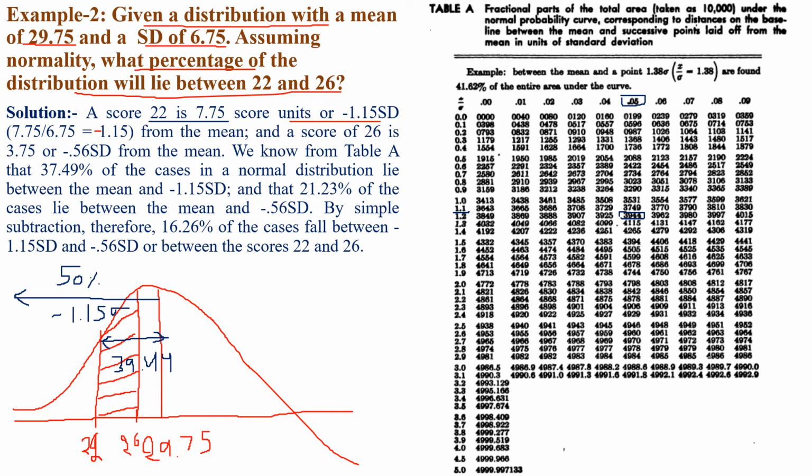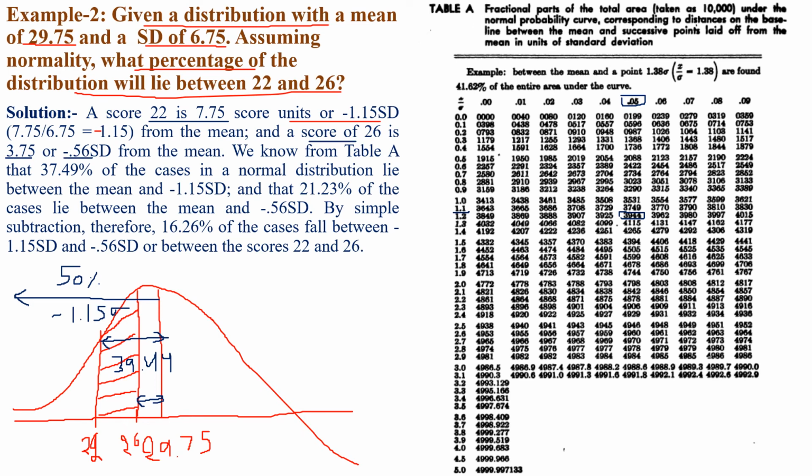Okay. Another thing is, we are not trying to calculate from the mean value. Now our major focus is to calculate from 22 to 26. So now we need to calculate this part as well: how many percentage of individuals lie between the mean and 26. The difference between the mean and 26 is 3.75.